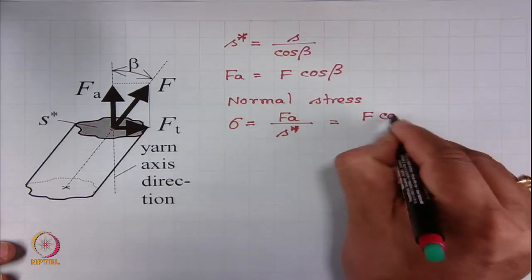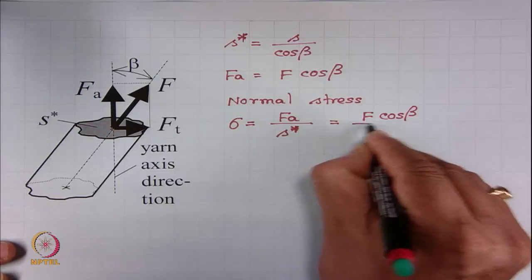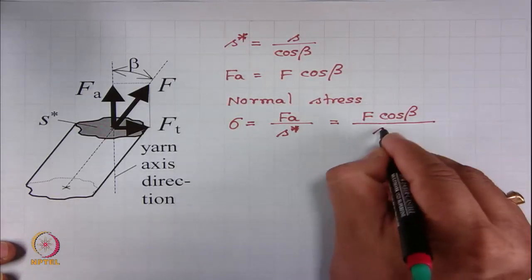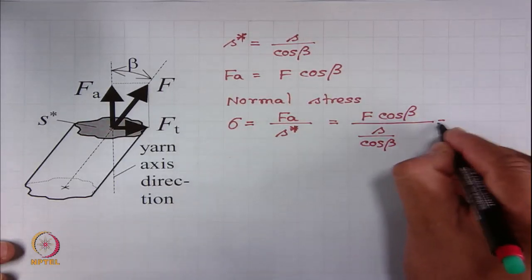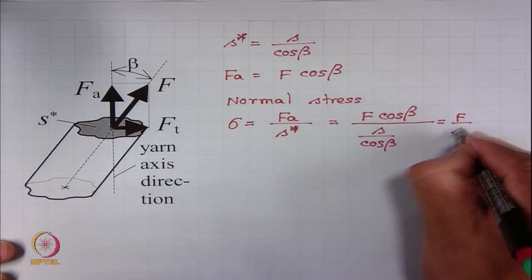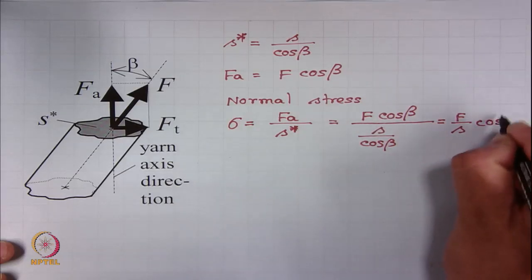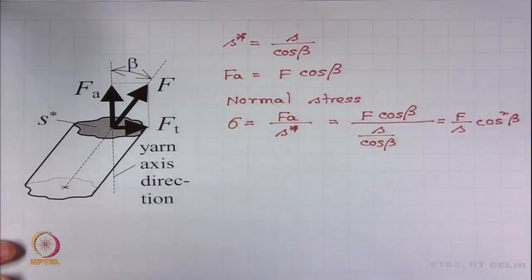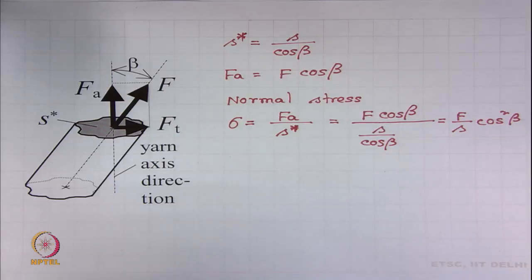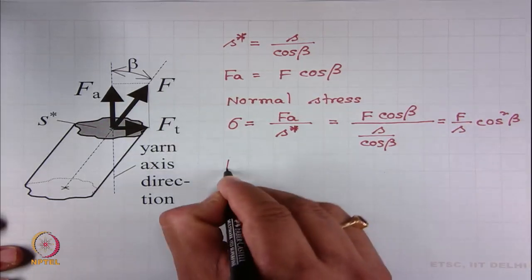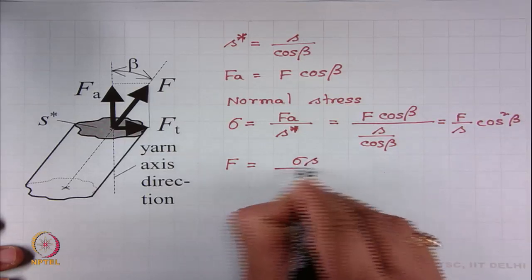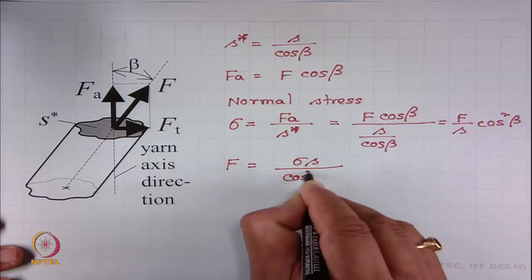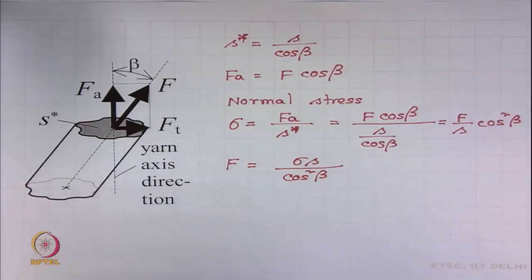F cos beta divided by S by cos beta, so F by S cos square beta. So, what is F? F is sigma times S divided by cos square beta.